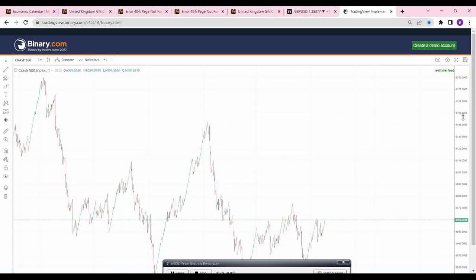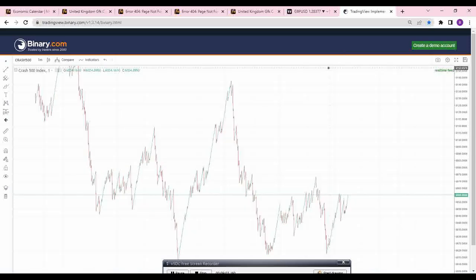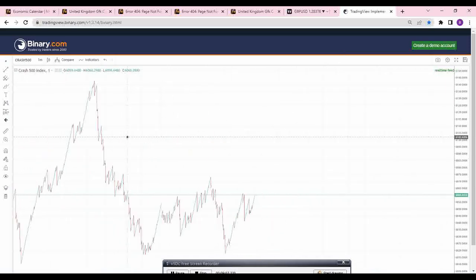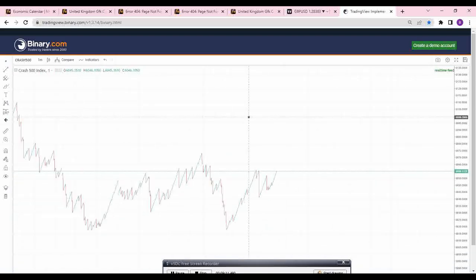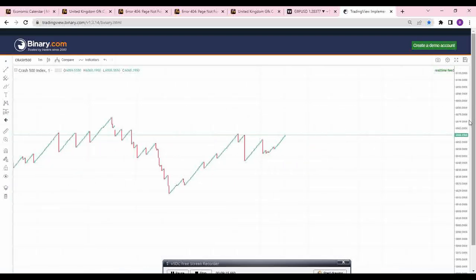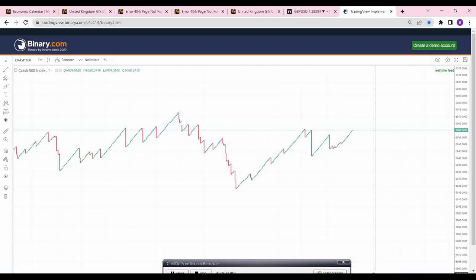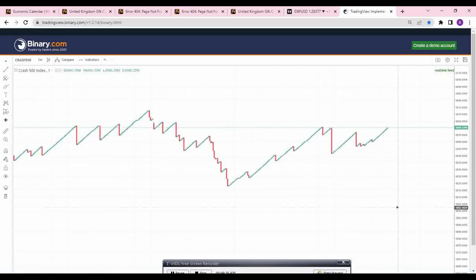It's only Deriv that offers synthetic indices, which are crash and boom. And the good thing about it is that it is 24 hours a day, 24/7. The market doesn't close, and so you can trade it every day, both Saturdays and Sundays, unlike Forex, where the market does close.